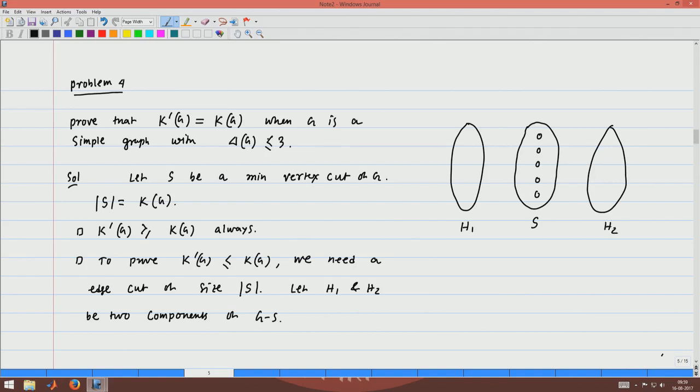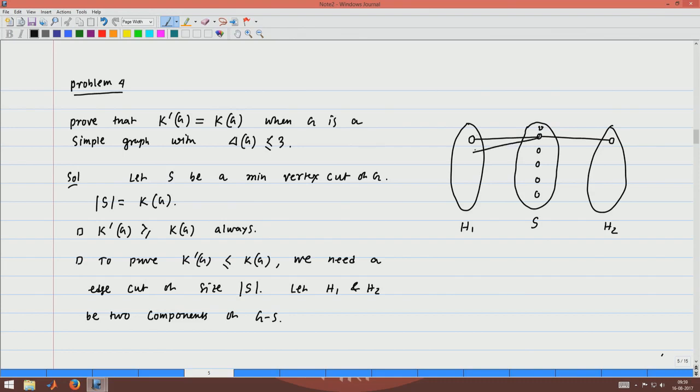Now, since S is a minimum S cut, every vertex v in S has at least one neighbor in H 1 and at least one neighbor in H 2. Now, this graph has maximum degree 3.